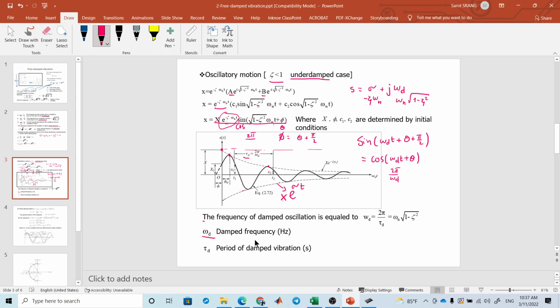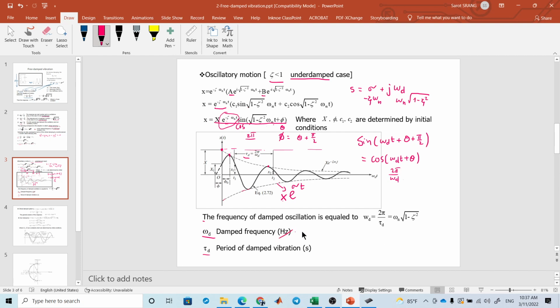And omega d is called the damped frequency. And tau d is called the period of the damped vibration, and is measured in seconds. Frequency omega d is measured in, I think this is not right.